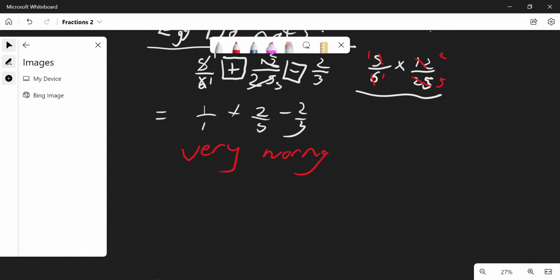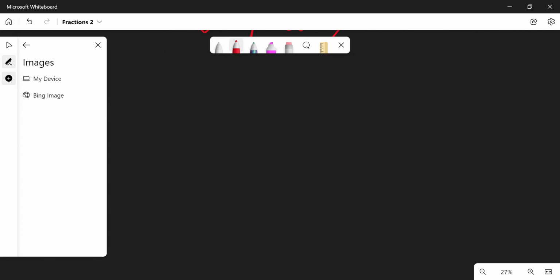All right. So a few last things when it comes to these fractions. This is a very important one: don't mix up a mixed fraction, so 6 and 1 over 2, with 6 times 1 over 2. 6 and 1 over 2 is equal to 6 plus 1 over 2.